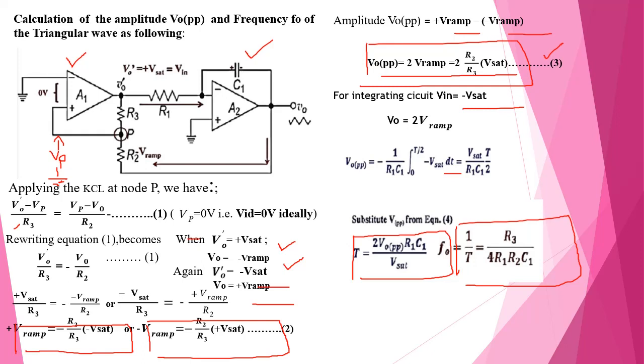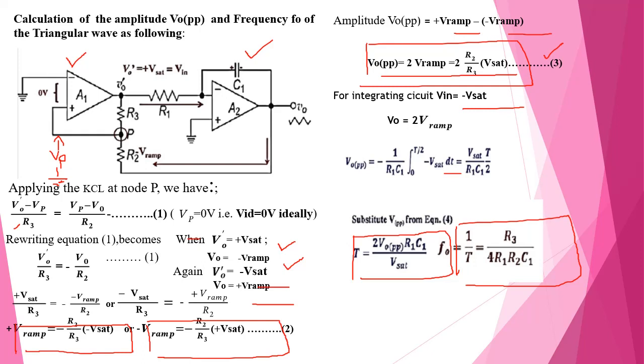Similarly, when V0 dash equals minus Vsat and V0 equals plus V ramp, minus Vsat divided by R3 equals plus V ramp divided by R2. Therefore, finally, plus V ramp equals this expression, and minus V ramp equals minus R2 divided by R3 times Vsat.